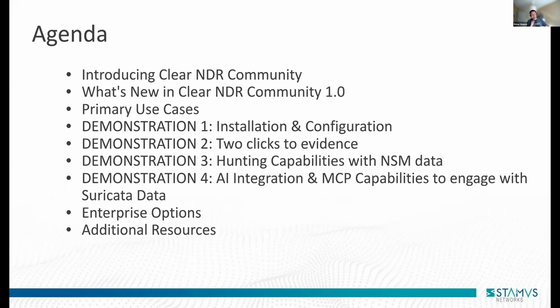As we like very much hands-on, at least in this company, we'll go through some installation and configuration, hands-on tips and tricks, some walkthrough for use cases like 2 clicks to evidence and hunting capabilities within the same data, all through the UI. And of course, last but not least, we're going to talk about one of the major features in the community edition, which is mainly MCP capabilities and AI integration.